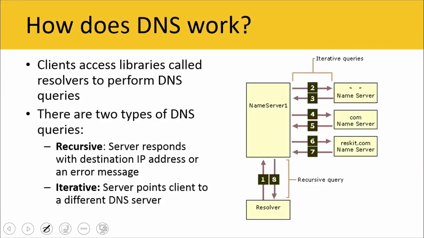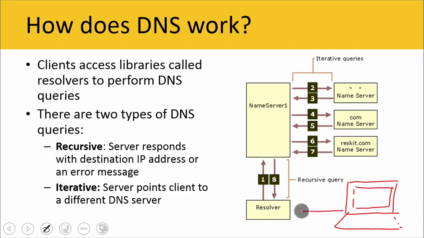All right, so how does DNS work, right? What happens is you have a client. I forgot my desktop icon, so I'm going to draw my funky little laptop here. It's going to try to send its request to a name server. It's going to do that through a device called a resolver. Clients access resolvers, which are libraries, and then those libraries perform DNS queries.